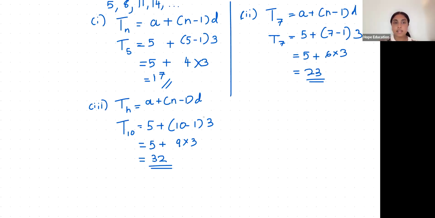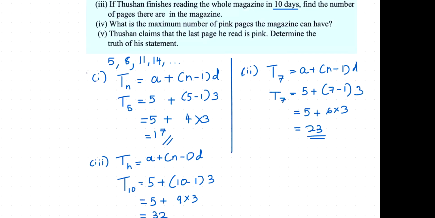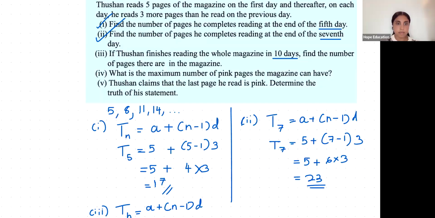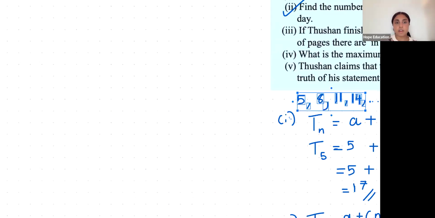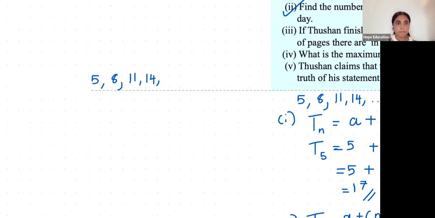The reason is, if you look at this pattern, right, let me copy this pattern and take it here. We have to be very careful of what we are dealing with. Okay. So here, 5 means the number of pages he finishes reading by the end of the first day.